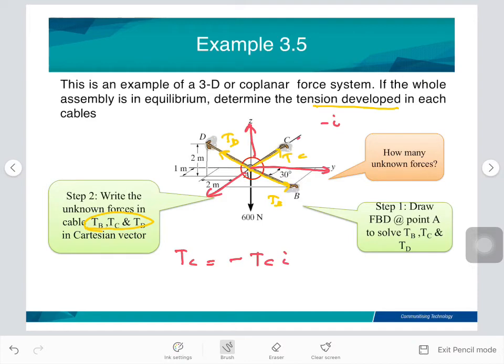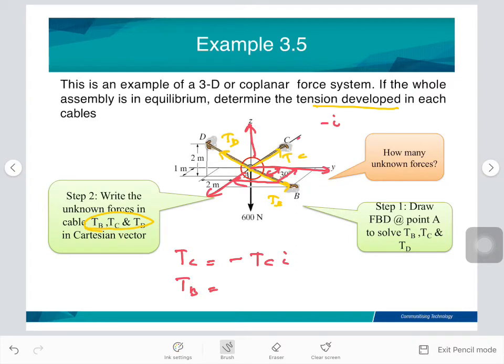So this is TB here. How do we write TB in Cartesian? TB here is given 30 degree. So TB lies in which components? TB lies in Y and J. TB doesn't have a Z component, right? So TB is positive, all directions positive, right?